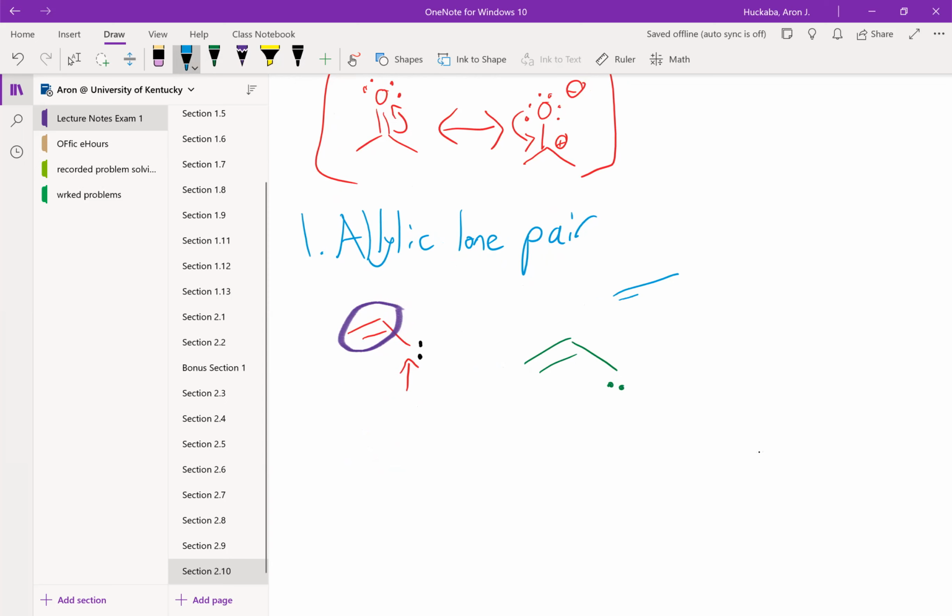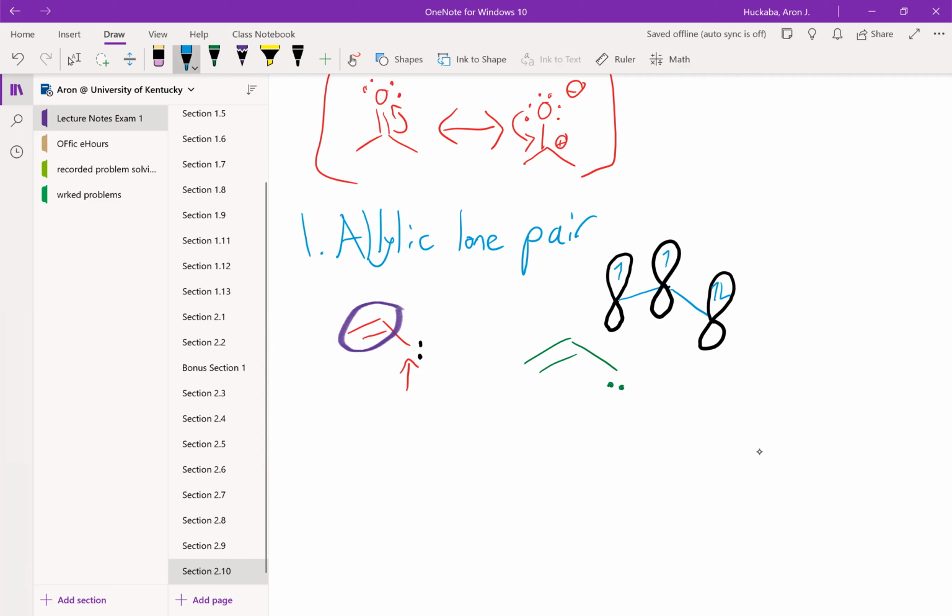I'm going to try and draw this. So let's, there we are. So this is just the three carbons. And here are the p orbitals of those three carbons. And remember, there's one electron there, one there, but two here, right?